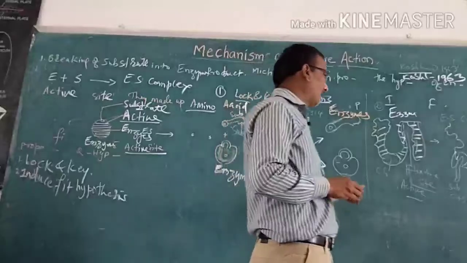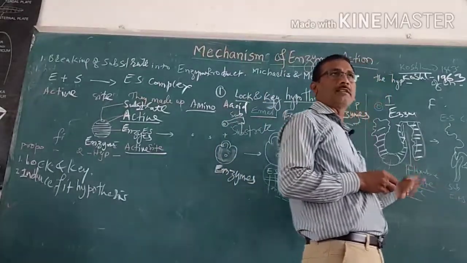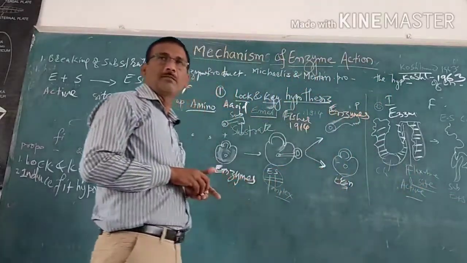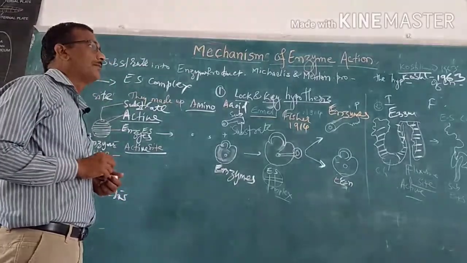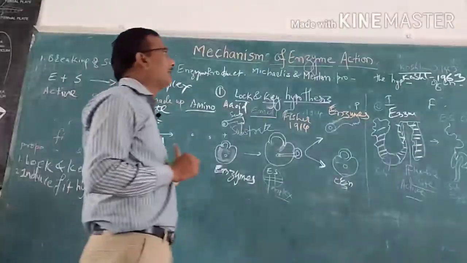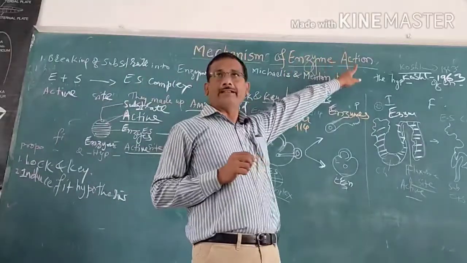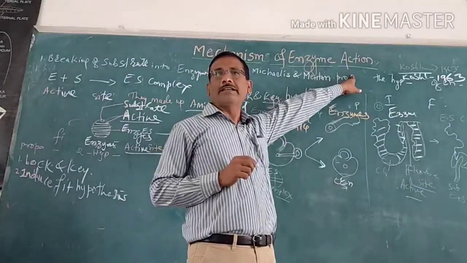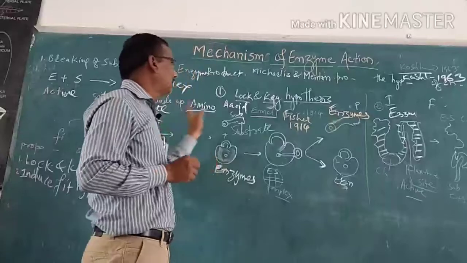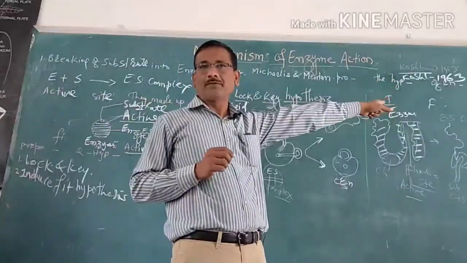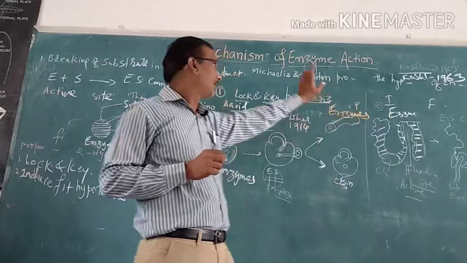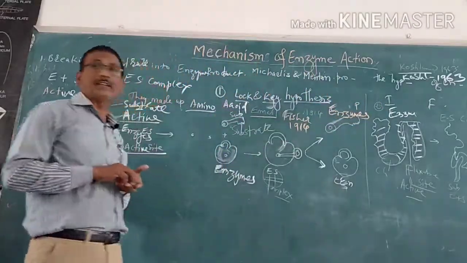Both are complexes of the enzyme and substrate, but with different concepts about the enzyme. So we have given the enzyme action by two different scientists: first Fischer, and second Koshland.